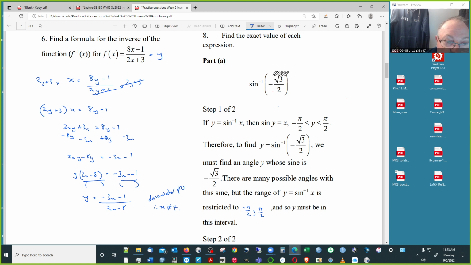So here, I'm going to have sine inverse. I have to do it again, because of minus root 3 on 2. So I'm going to pose that question again: for some value of theta, sine theta is equal to minus root 3 on 2.